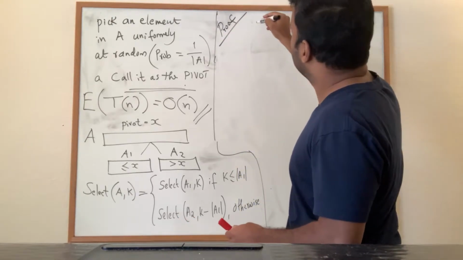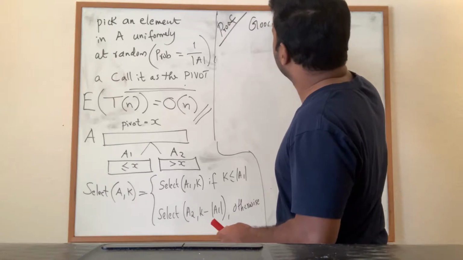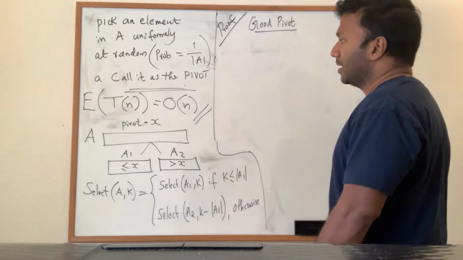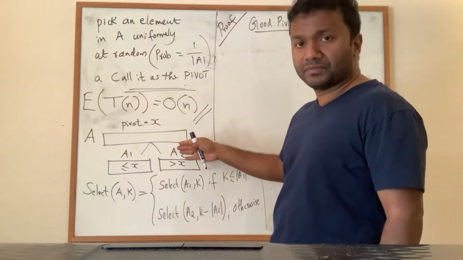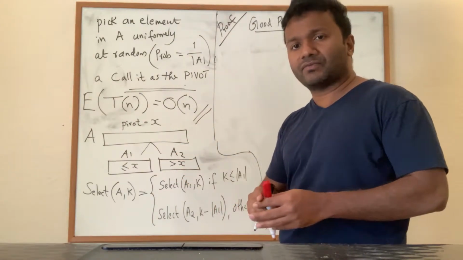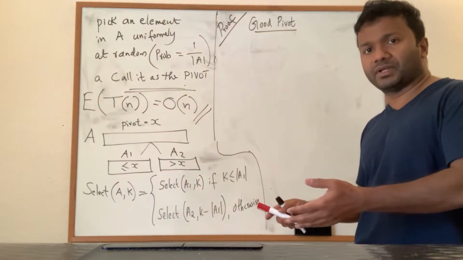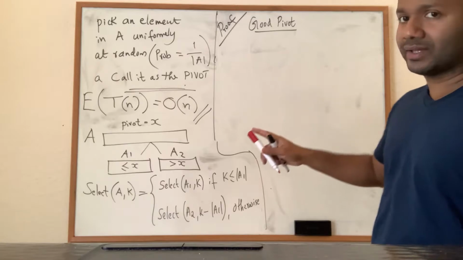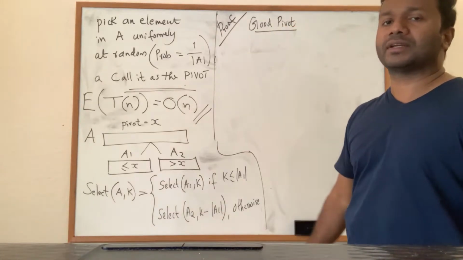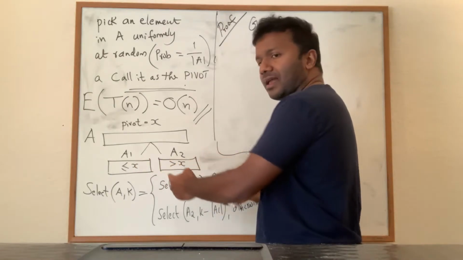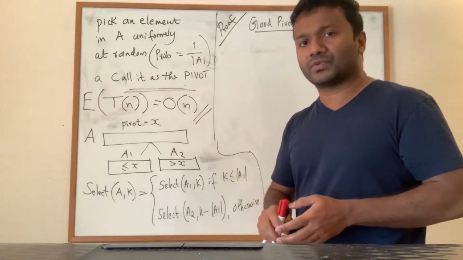Okay, so firstly let me define something called a good pivot. In my algorithm, what we are actually doing is picking an element randomly and calling it the pivot. I will call that element a good pivot if it can partition the array A into A1 and A2 in a somewhat balanced way.